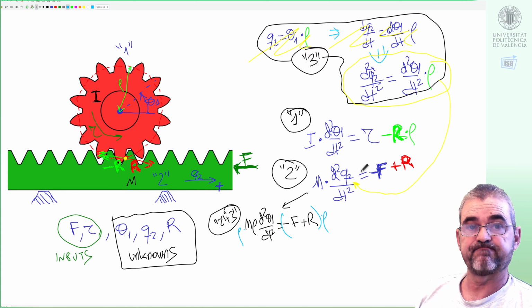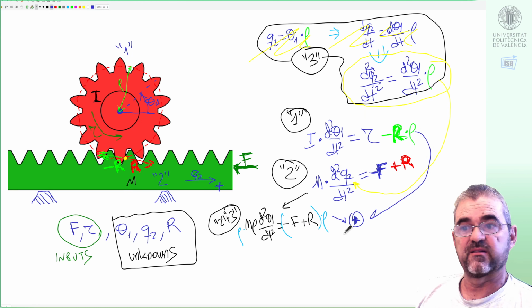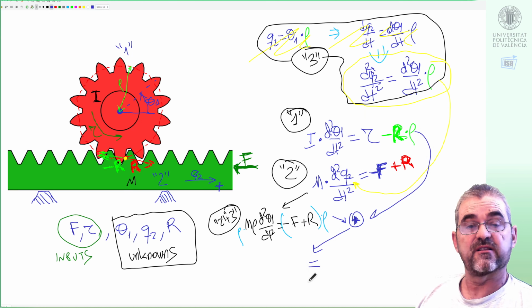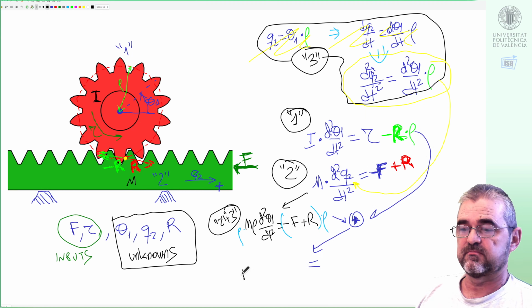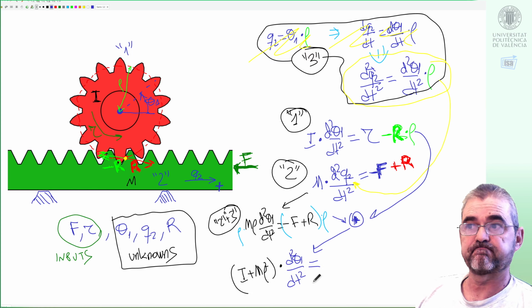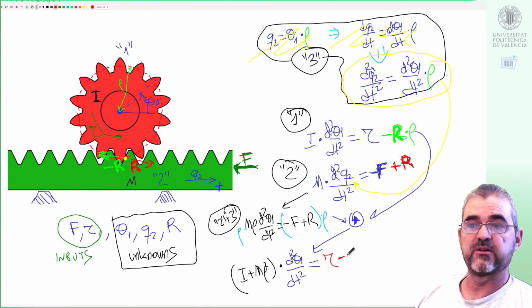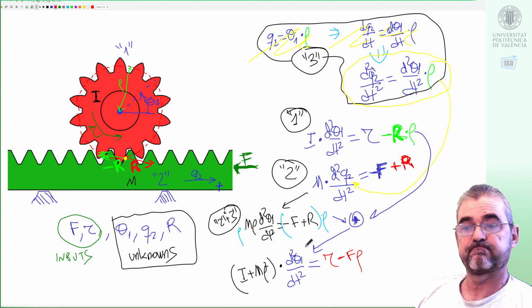So if I sum equation 1 to equations 2 plus 3, then I get, summing right hand side and left hand side of the equations, moment of inertia plus m rho squared times acceleration, equal to, r rho vanishes, and I get tau minus f rho.